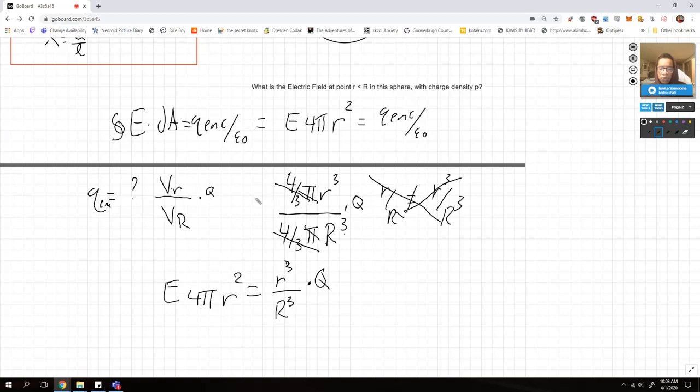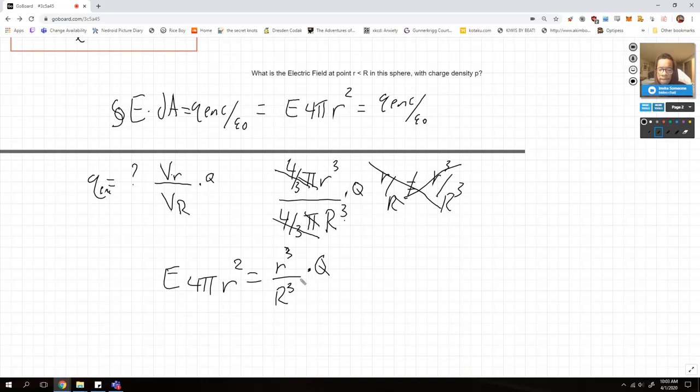And don't forget to divide also by epsilon naught.